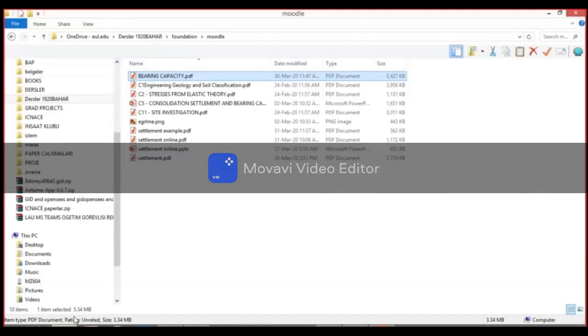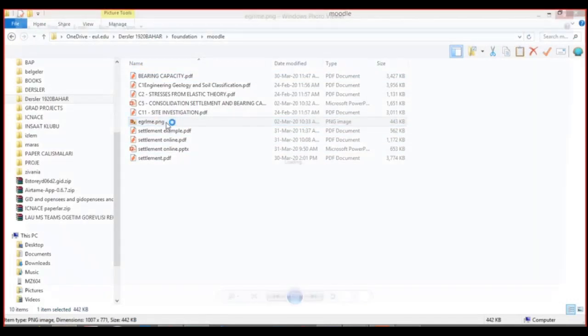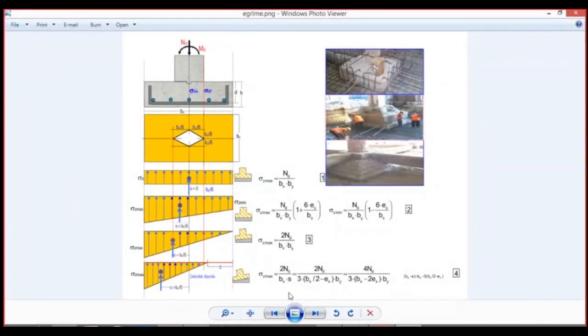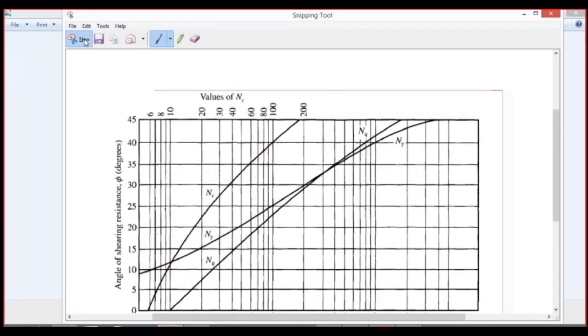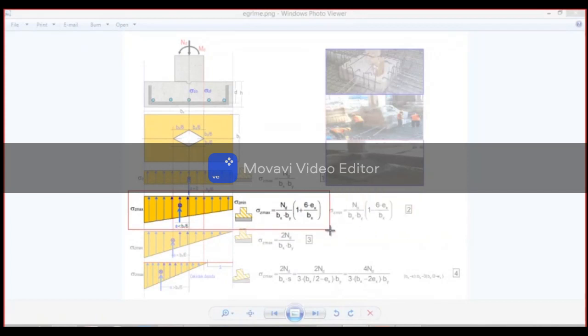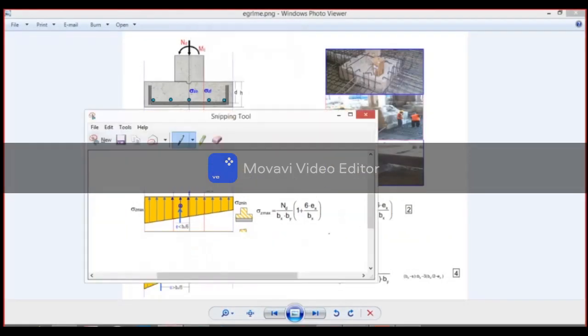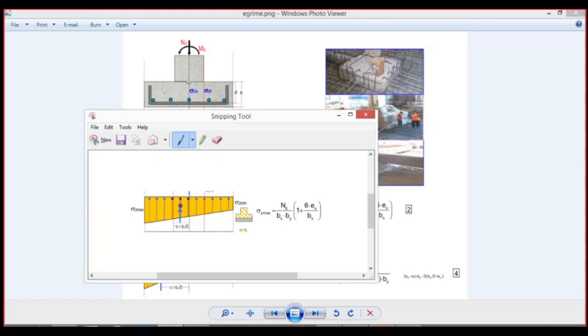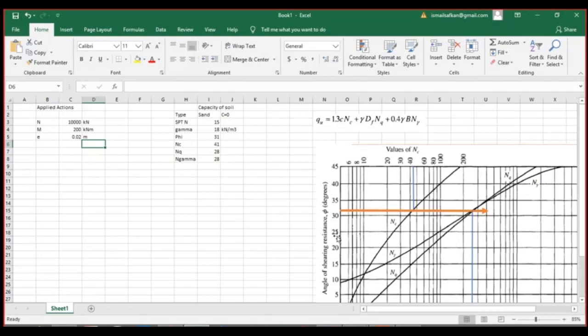Remember, we have a condition for our stress. Eccentricity has to be less than 1/6 of B. So I will copy paste this as well.